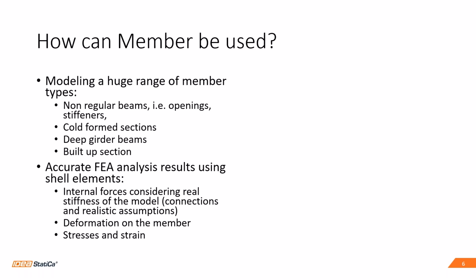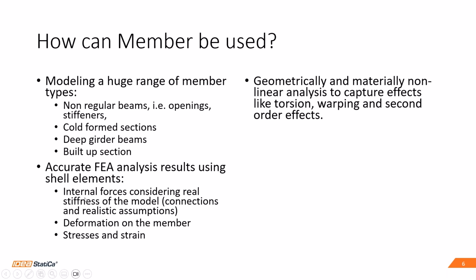That is because you are modeling the connections and realistic assumptions, like, for instance, stiffeners or openings, right? Then you get the real deformation on those members based on what you model, and you can get the stresses and the strain on the beams, all right? So you get accurate FEA analysis results.